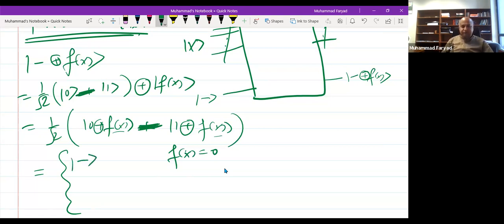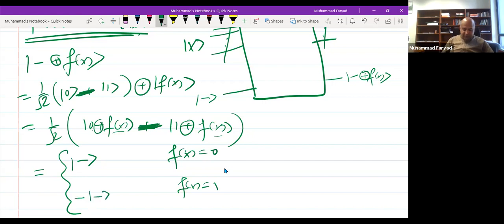And if f of x is 1, so 0 plus 1 is 1, and then 1 plus 1 is 0, modulo 2 I'm talking about. So 1 plus 1 is 0. So you get 1 ket minus 0 ket. And if I take the negative sign common, then it becomes 0 ket minus 1 ket, but with a negative sign outside.